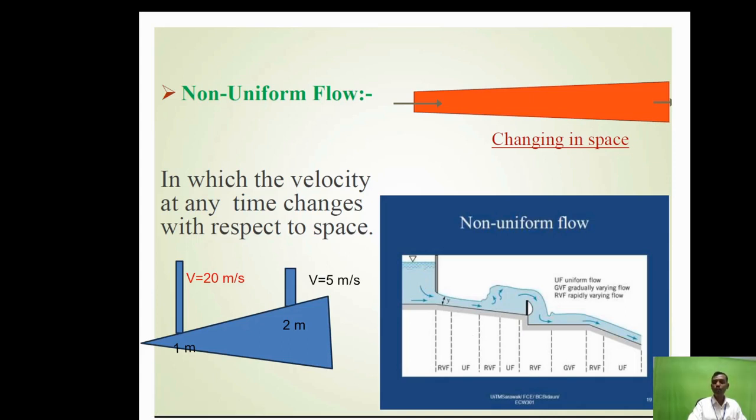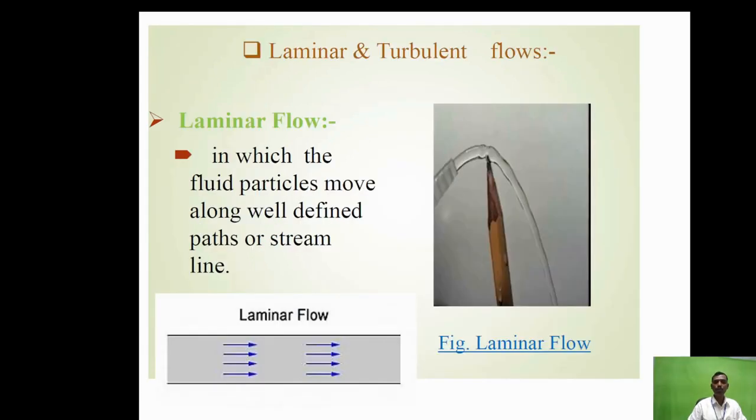Here uniform flow occurs. So if the velocity does not vary with respect to the distance, that is called uniform flow. If the velocity varies from distance to distance, that is called non-uniform flow.